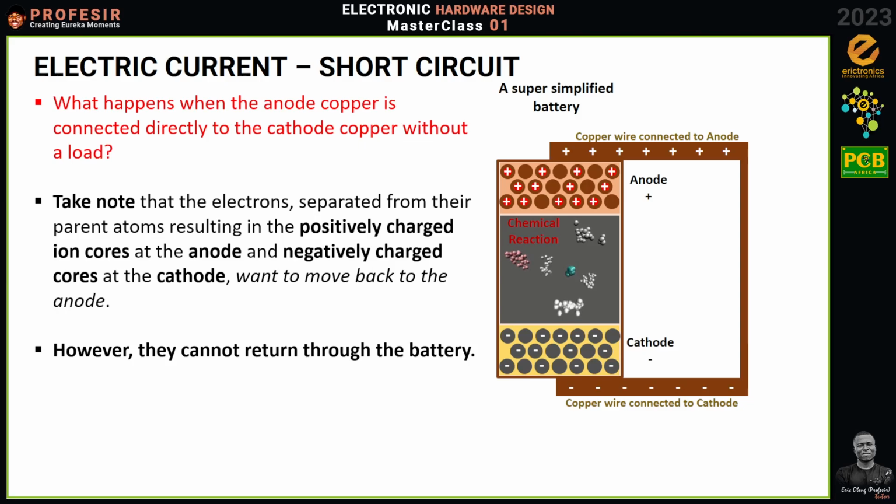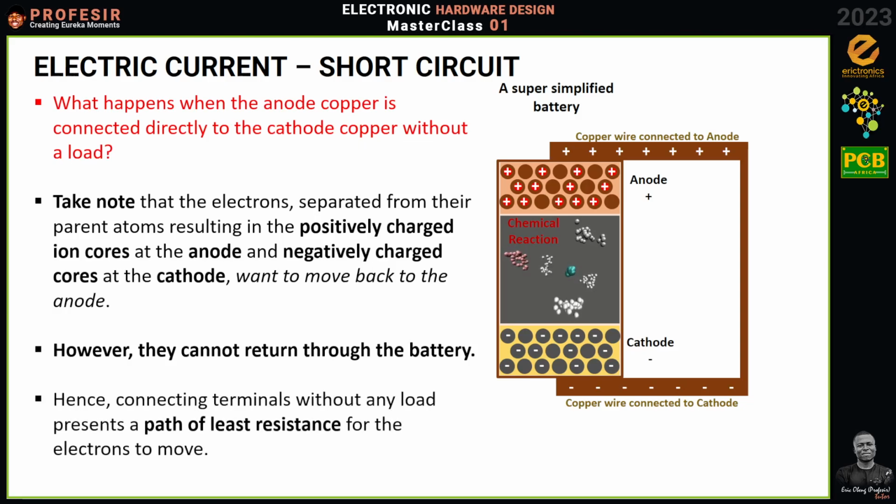There is a barrier preventing them within the battery, and we have to physically connect a wire from the anode to the cathode for them to do that. Is that okay? Hence, when we connect a copper wire without any load, we have created what in physics we call a path of least resistance, right?